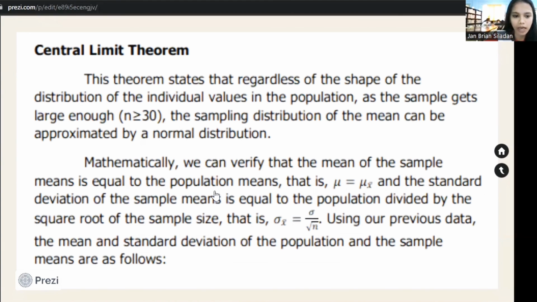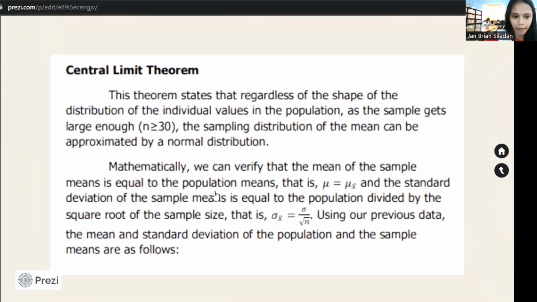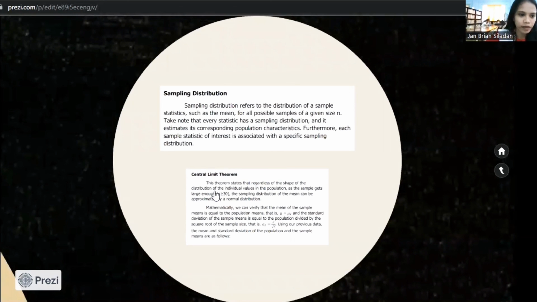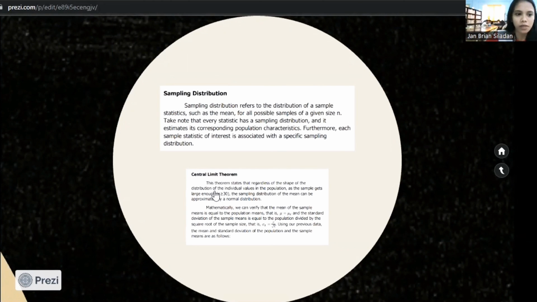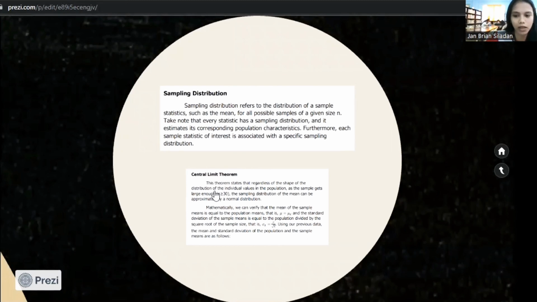Using our previous data, the mean and standard deviation of the population and the sample means are as follows. The difference between the standard deviation of the sample mean and the standard deviation of the population over the square root of the sample size is due to several factors like sample size, rounding errors, and shapes of the distribution.